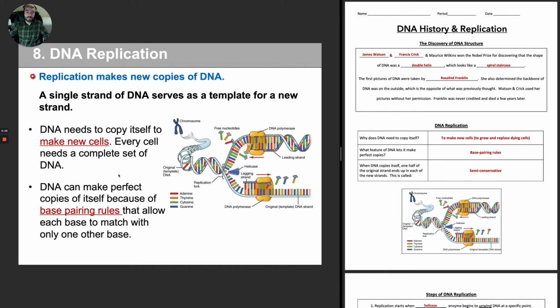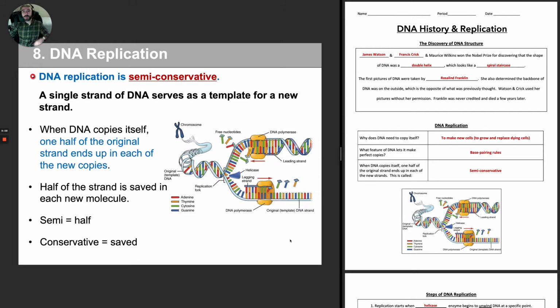And again, every cell needs a complete set of DNA. The reason DNA is able to make perfect copies of itself so quickly is because of the base pairing rules, which make it so A can only pair with T and C can only pair with G. That system, that structure, makes copying DNA a lot easier because there's really only one option for every base.